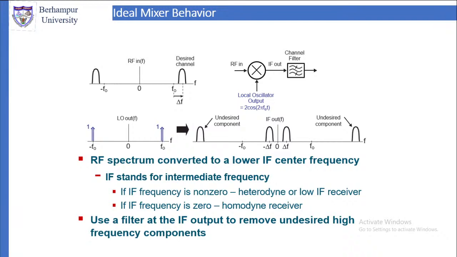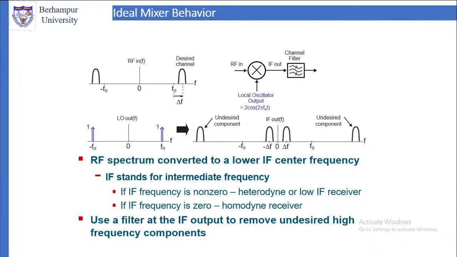From that, on both sides, plus F0 and minus F0. So plus F0 plus delta is the desired channel. Similarly, minus F0 minus delta is the desired channel. That will be given as one input to the mixer. The other input to the mixer is the local oscillator.